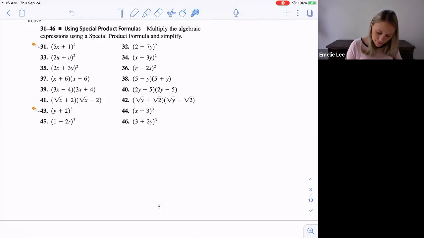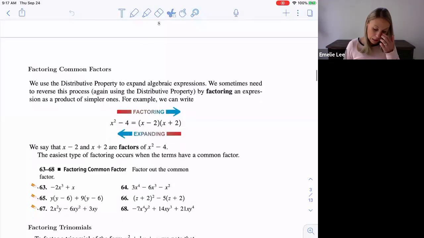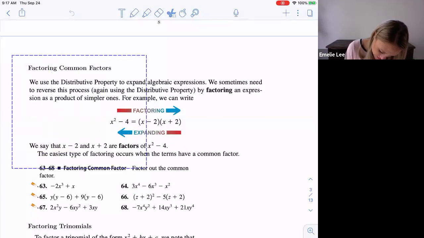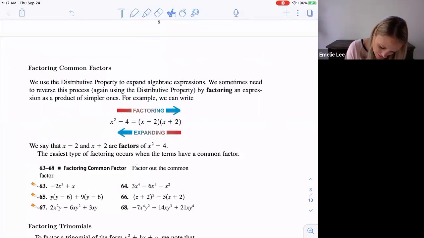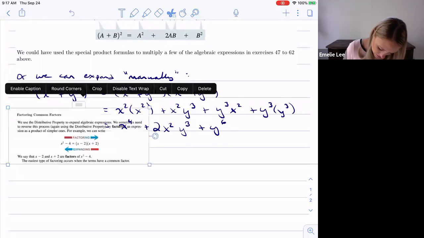So for factoring, let's steal this into our notes.